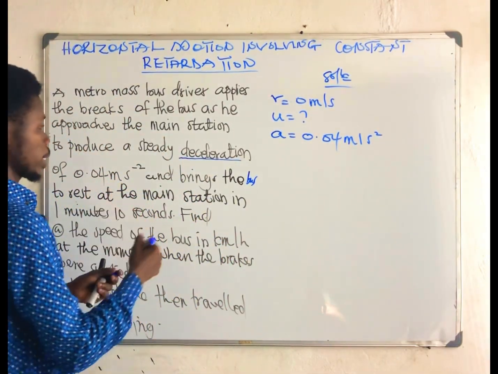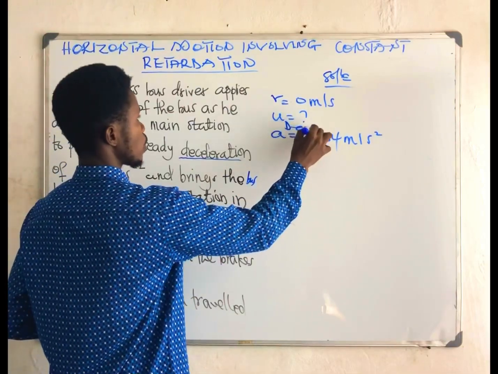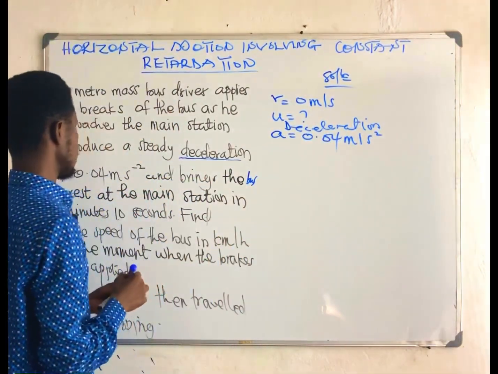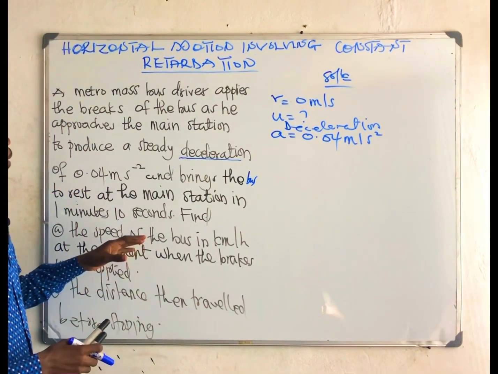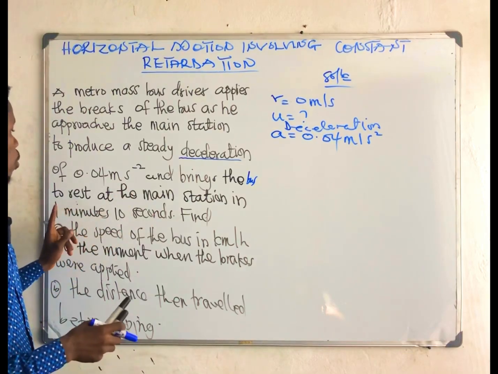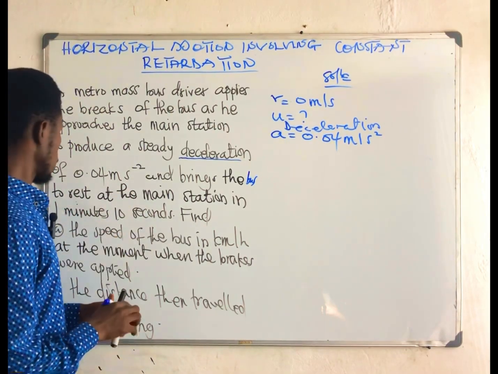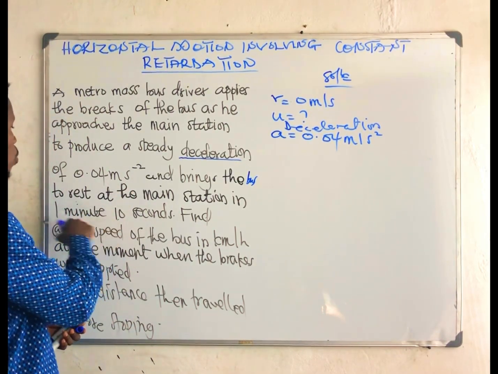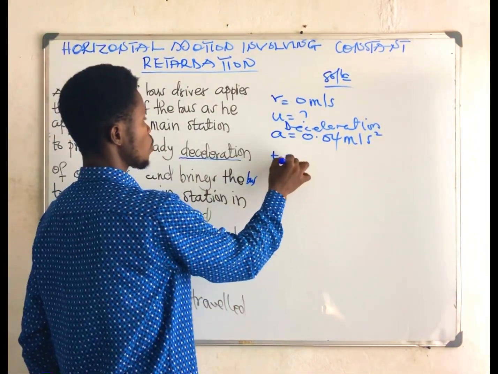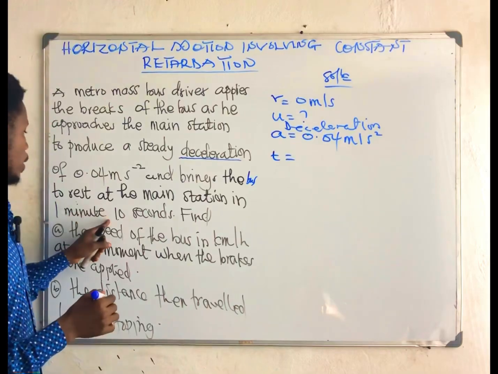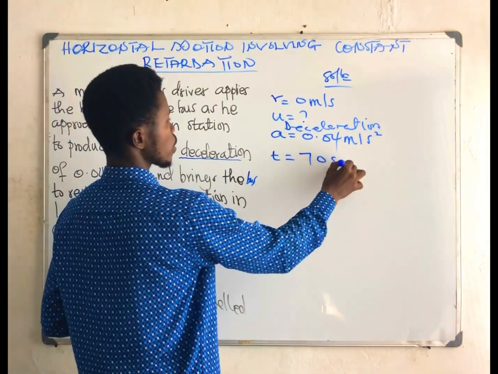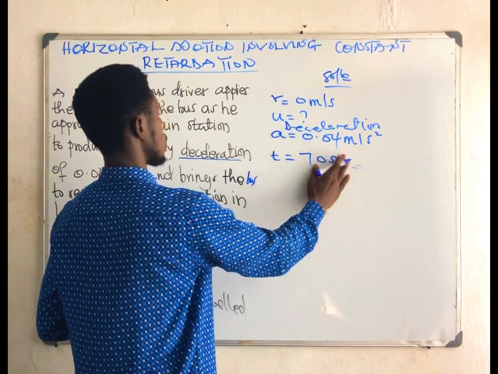I'm maintaining this, but it is deceleration. At rest, okay. 1 minute 10 seconds. 1 minute, not minutes. So you convert 1 minute 10 seconds to seconds, that will be 70 seconds. Okay, 70 seconds.